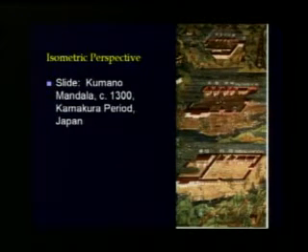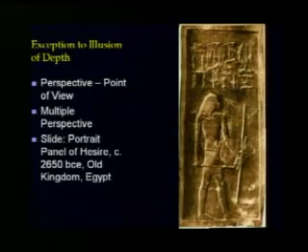And then the word perspective has been used also to mean point of view, not just a device to go back into space or to show distance in space. It's been used as another word to mean the point of view from which you're seeing things in a work of art.